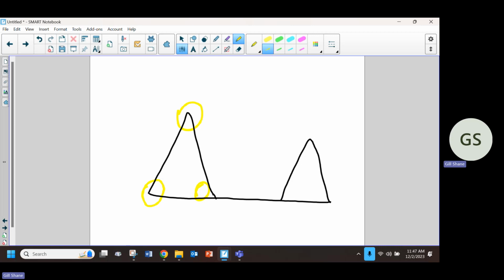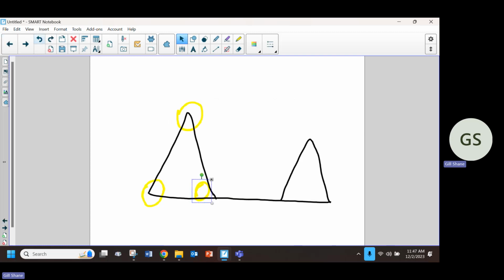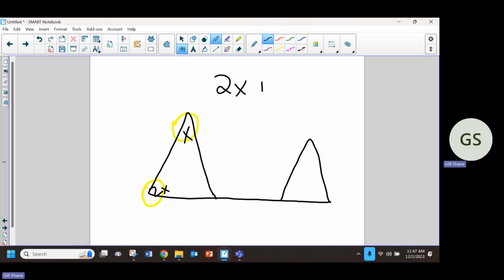If I only give you two angles, say x and 2x, a lot of kids say, oh yeah, 2x plus x equals 180. No, you have to add all three angles.